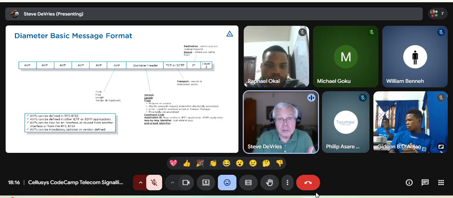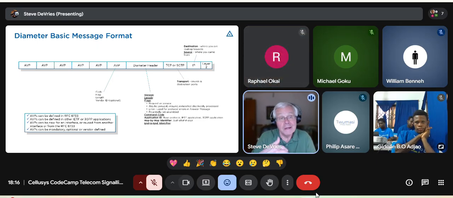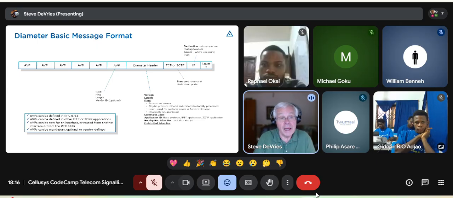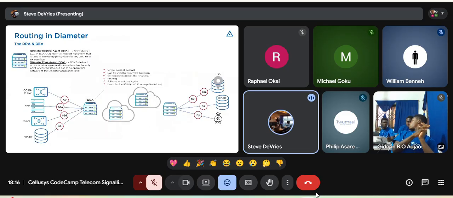Just like they're called parameters in SS7, the parameters are the pieces of information you're actually sending. In Diameter, they're called attribute value pairs. Again, just the name. So you carry different AVPs in Diameter for these messages that go back and forth. One thing about Diameter also is it routes a little bit differently.